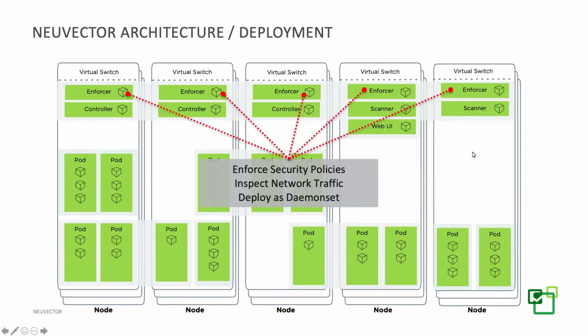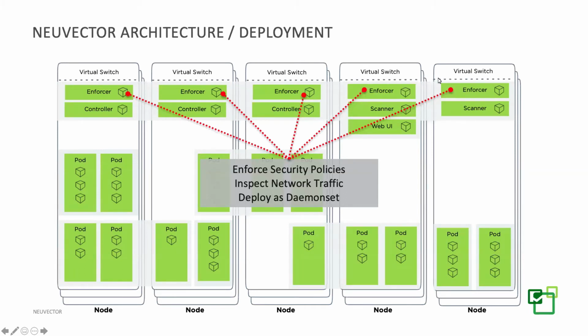All right, so we have a question. NeuVector can inspect network traffic, but isn't using a sidecar or a service mesh. Will this still work if we are using Istio? Great question. The enforcer is deployed as a daemon set, so that's 1 on every host.